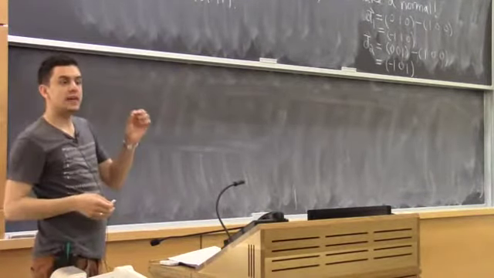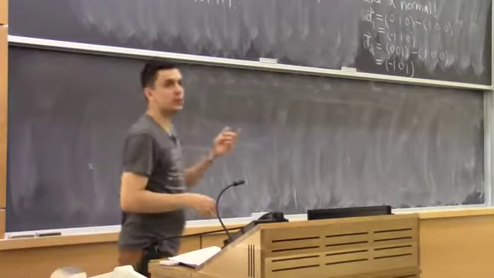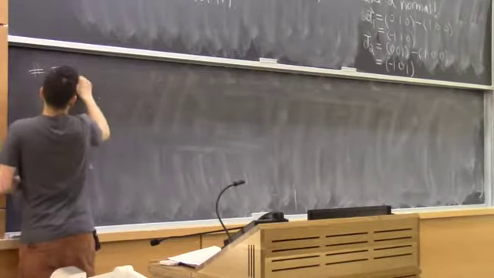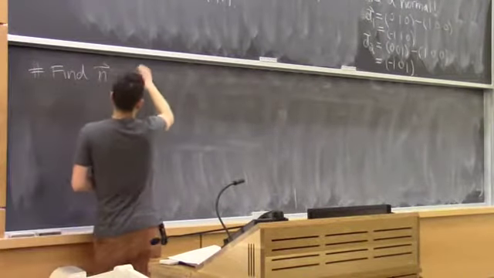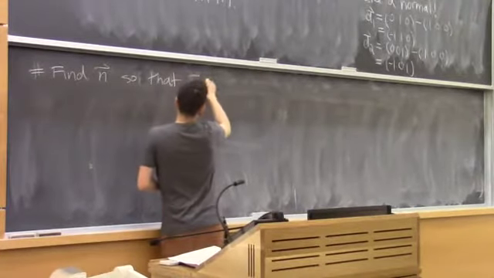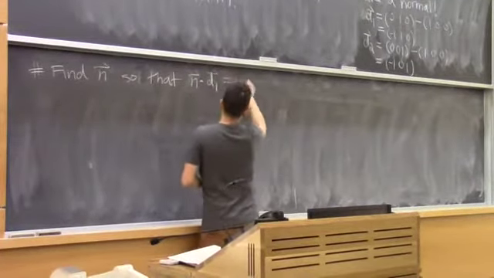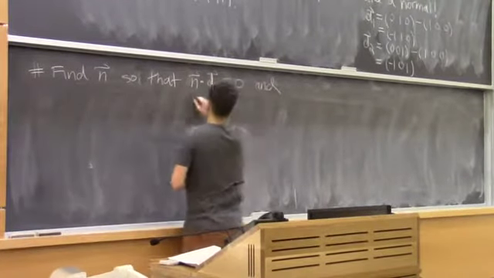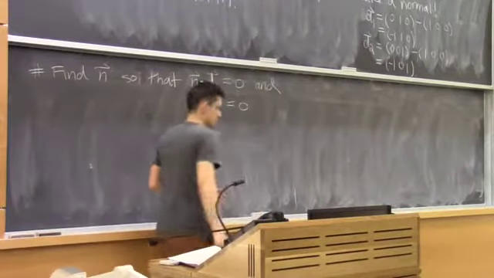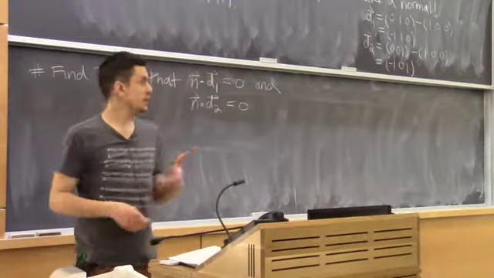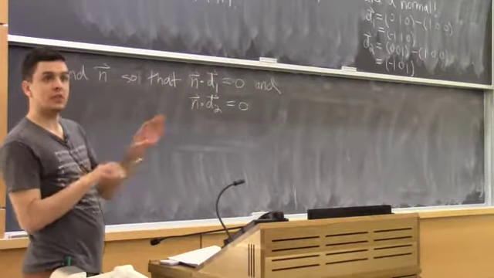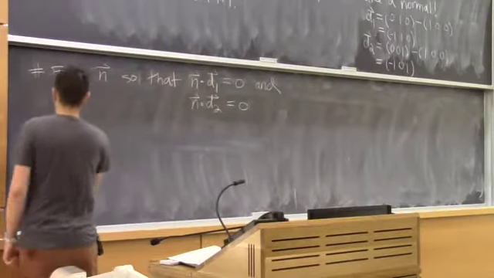So to make the normal, we're going to find something orthogonal to both of these. We need to be orthogonal to both the direction vectors because then we'll be orthogonal to everything in the plane.